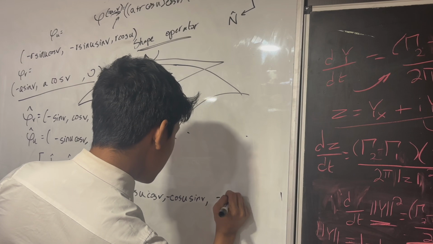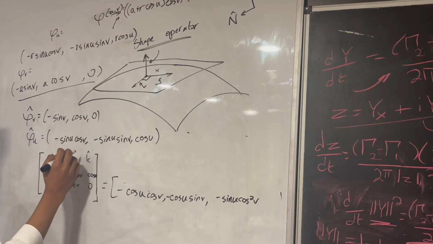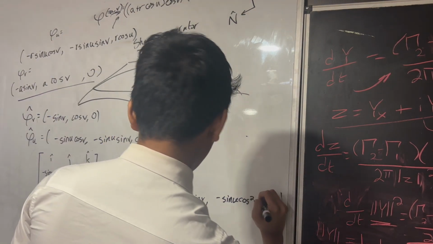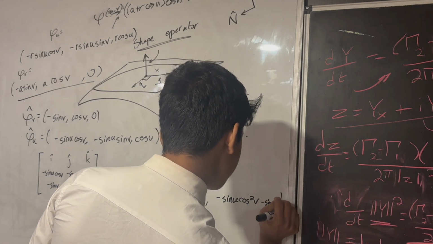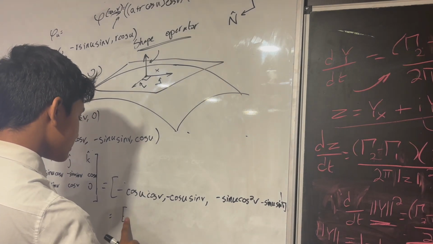Now this gives you minus sine u cosine squared v. And if you go the other direction, it gives you minus sine u sine squared v. So we can reduce this messy looking thing to just minus sine u.